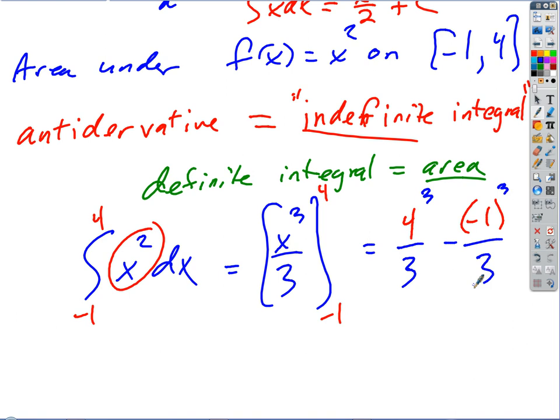Okay? Make sense? And so if we look at the way this is written, I want you to pay attention to this.